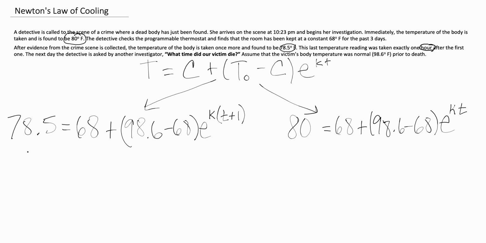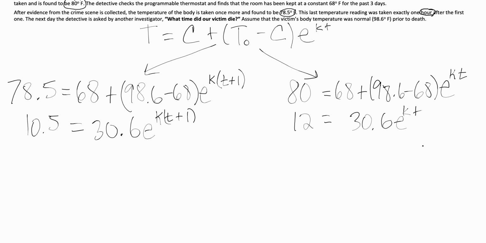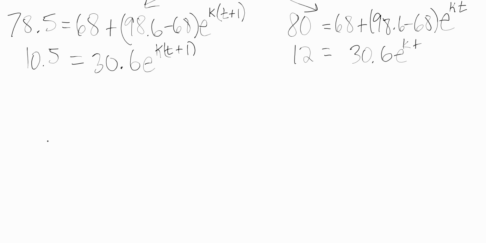Doing a little bit of algebra and simplifying, we can subtract 68 from both sides. We can subtract the inside of the parentheses. This is going to be e to the kt plus 1 still. Over here, the same thing, 12 equals 30.6 again, e to the kt. A little bit of division and a little bit of simplifying.